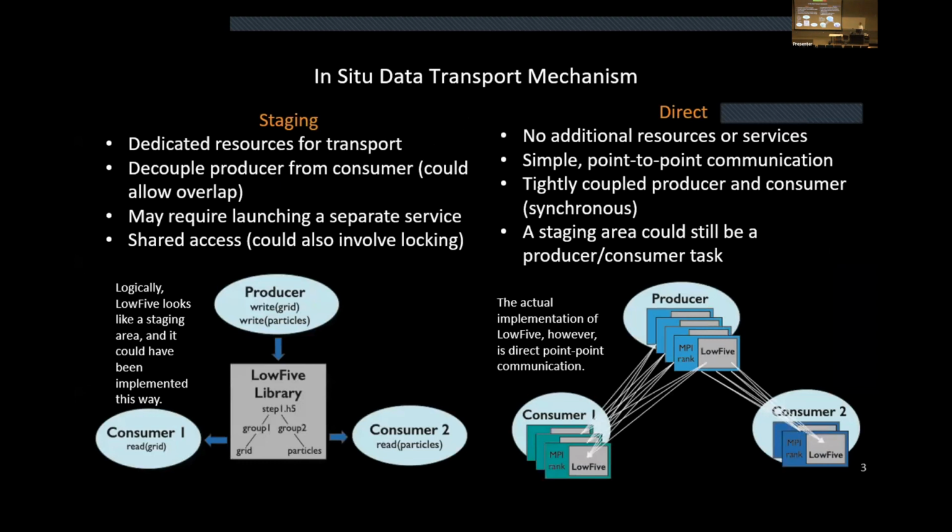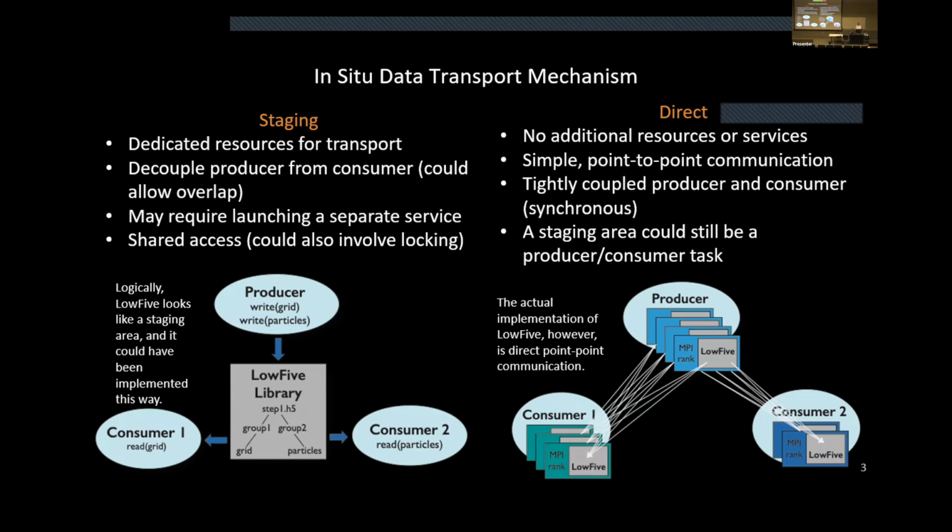One is this idea of a direct transport mechanism versus a staging area. Logically, it looks like the diagram on the left. LowFive is this kind of separate thing. It looks like it's in between producer and consumers. And in fact, it could be implemented that way. As I said, other tools implement staging areas this way.